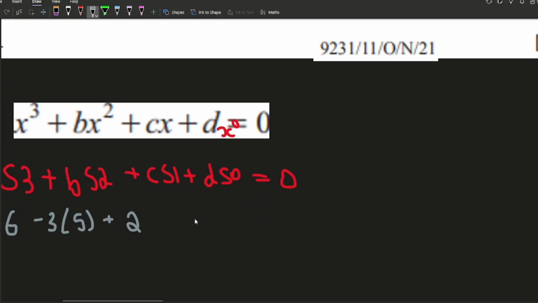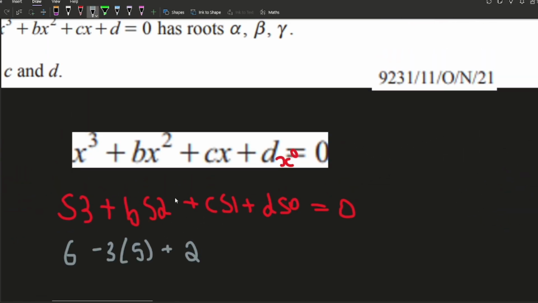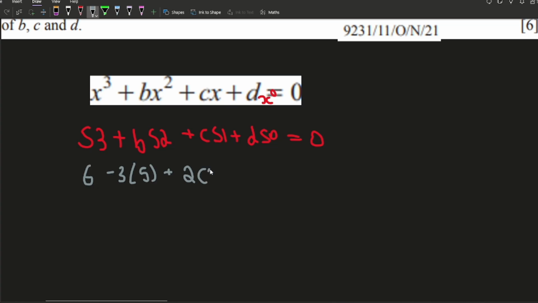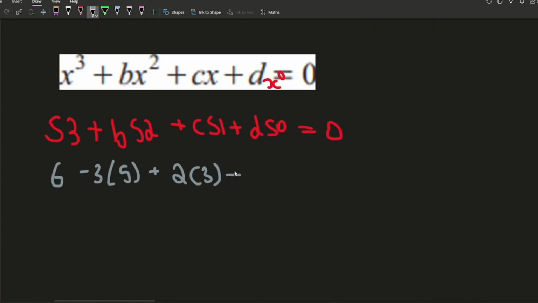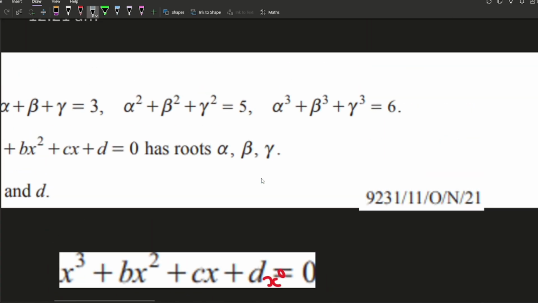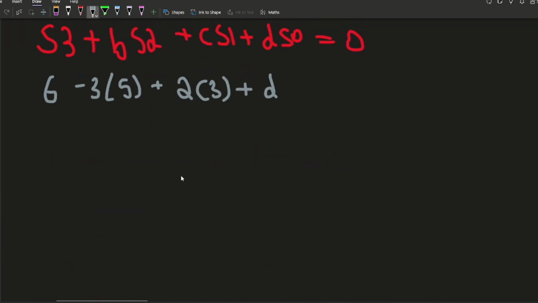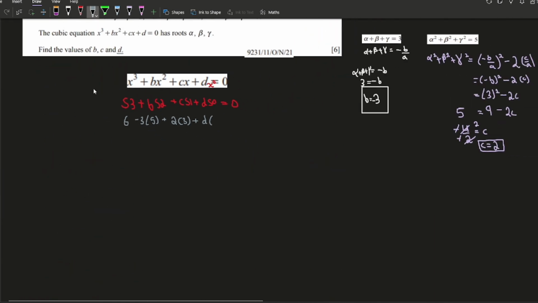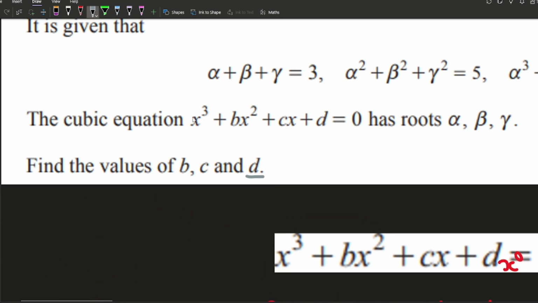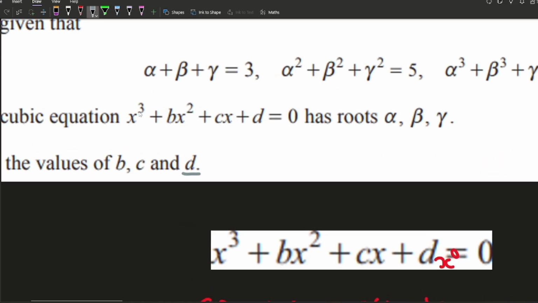plus 2. The value of c is 2, right? And in place of S1, we can write 3 plus d, which we have to find, right? And the value of S0 is always equals to the highest degree of that equation, which is 3 here.